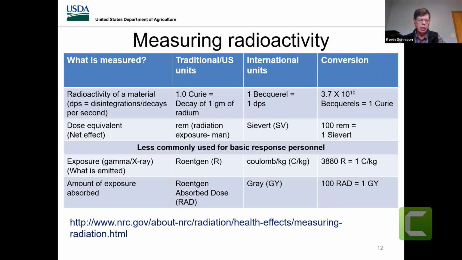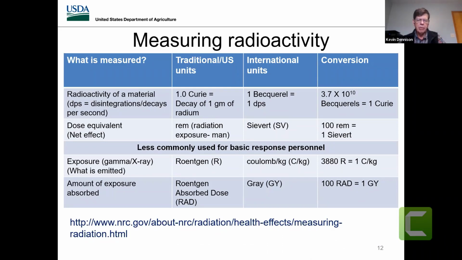If you think of radiation as a disintegration per second, as the unit of radiation, then a Curie is the amount of radiation produced by 1 gram of pure radium. And when you look at the becquerel, it's really just 1 disintegration or 1 decay per second. And so the Curie is about 37 billion becquerels.